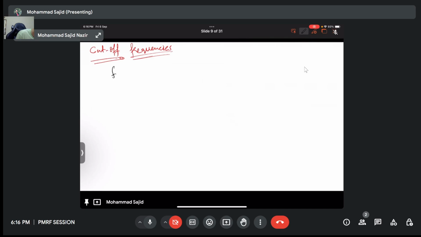Let's say FC1, which will be given by 1 by 2 pi C input, R1 parallel R2.